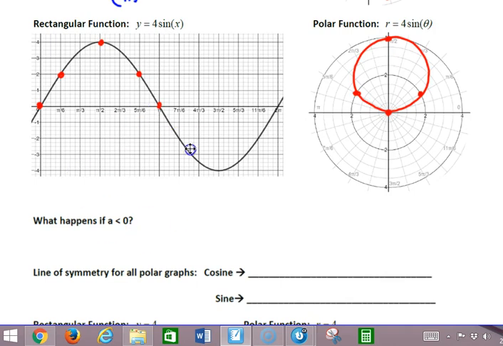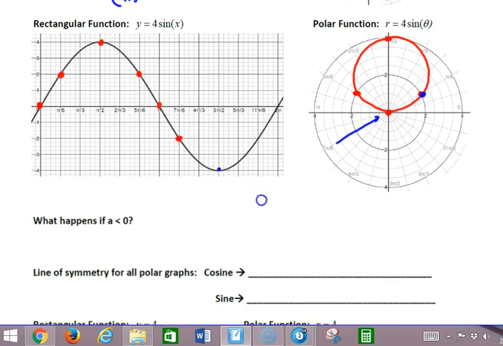Now when I hit these negative values, these are all quadrant 3 and 4 angles. Between pi and 3 pi over 2 would be here. Between 3 pi over 2 and 2 pi would be here, but all of these have negative r values. So 7 pi over 6, negative 2 would end up being back over here again at pi over 6, positive 2.